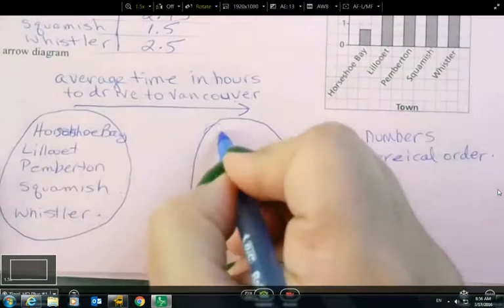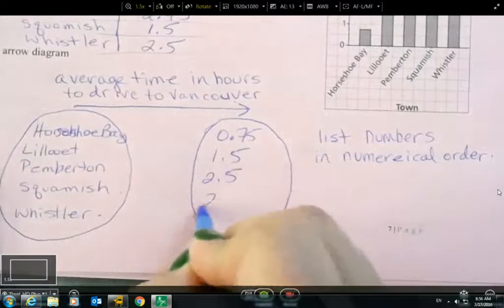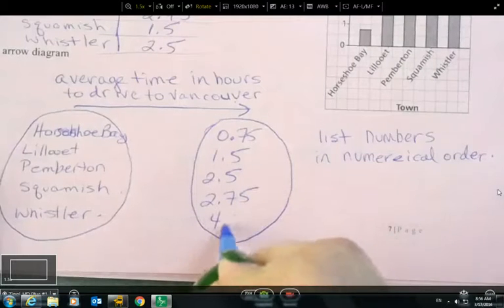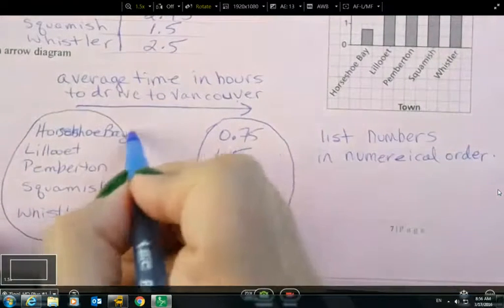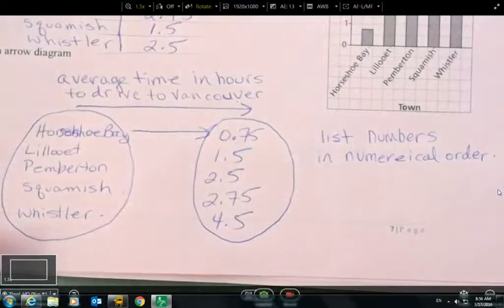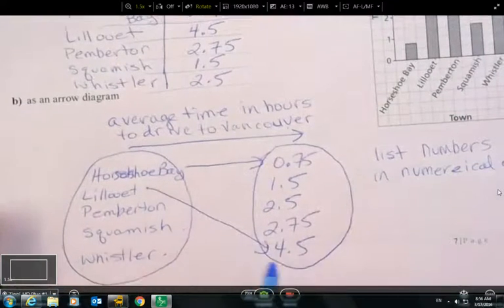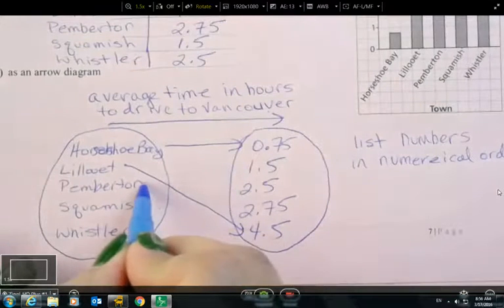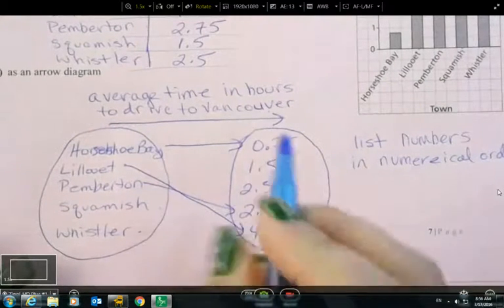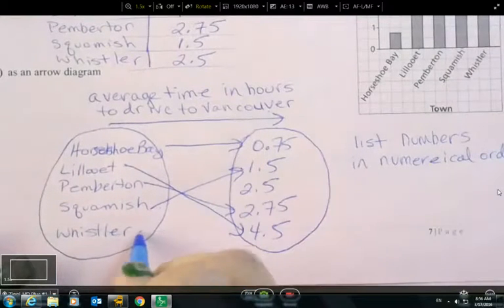Okay, so listing these numbers in order, we're going to end up with a list looking like that. And then Horseshoe Bay, Lillooet took us 4.5 hours. Pemberton was 2.75. Squamish was 1.5. And Whistler is 2.5.